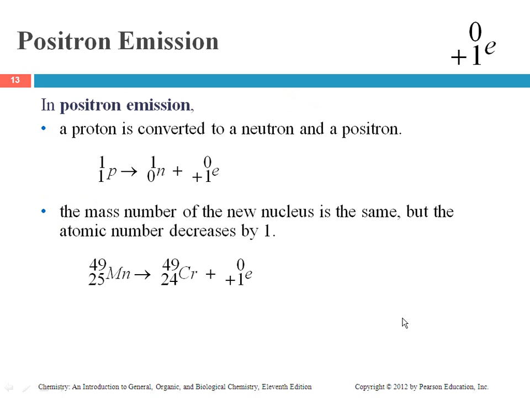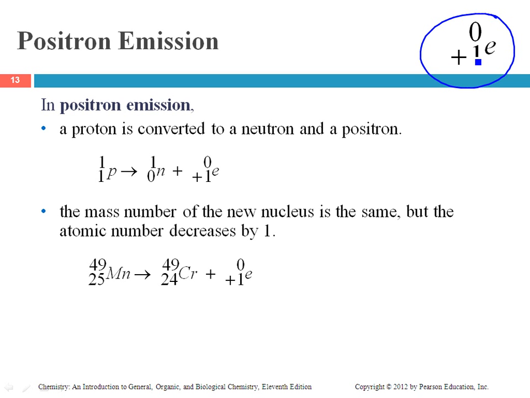We can solve for positron emission the same way. We're just going to look at this. We're not necessarily going to go through and do this one. We'll do some more practice at the end. But first you have to know that the symbol for a positron is basically the opposite of an electron, or it has no mass. It has a positive 1 charge, versus our beta particle, which has a negative charge.